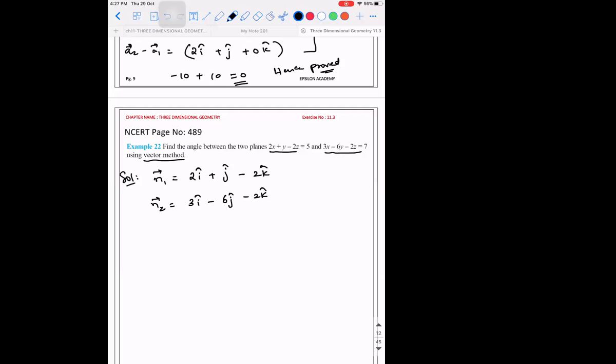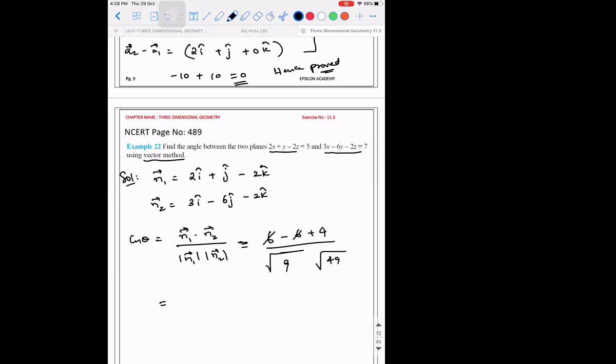Perfect. So they're asking us to find using the vector method. So what is cos theta? n1 vector dot n2 vector divided by magnitude of n1 vector into magnitude of n2 vector. So what is n1 dot n2, guys? 6 minus 6 plus 4, the whole divided by square root of 4 plus 1 plus 4, that is 9, into square root of 9 plus 36, 45, plus 4, 49.